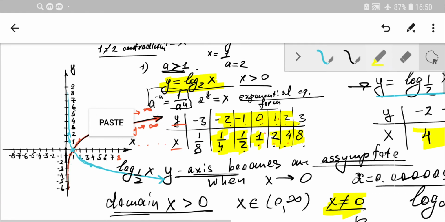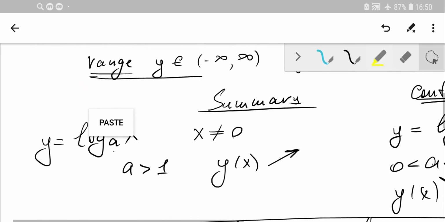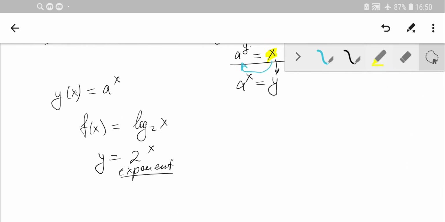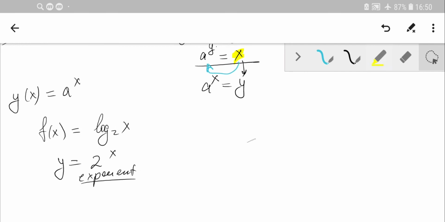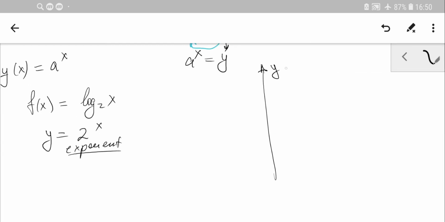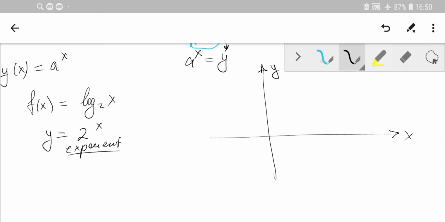I think, oh no, it's only paste. I don't know why. Maybe let's try and do it here. Is it possible to paste or not? No, it's impossible.